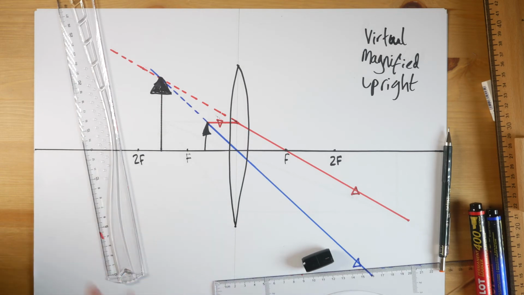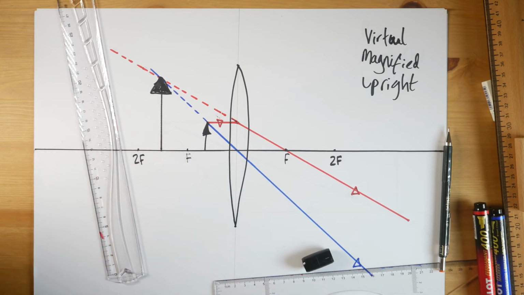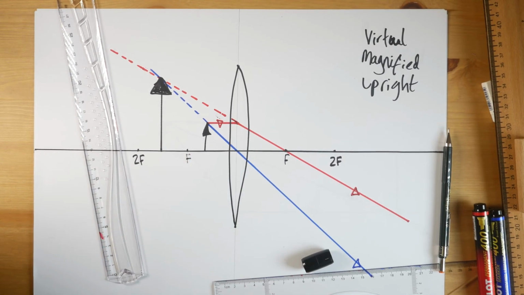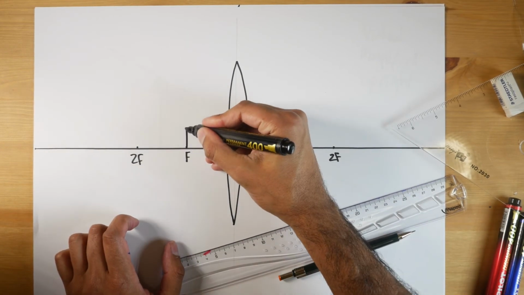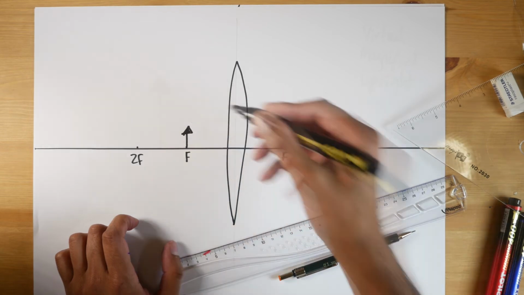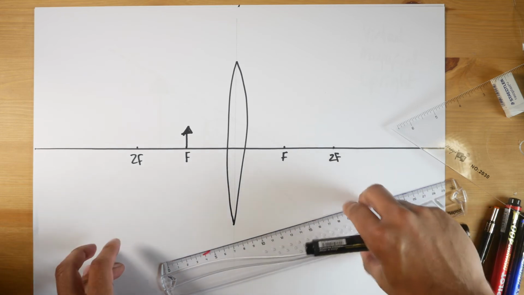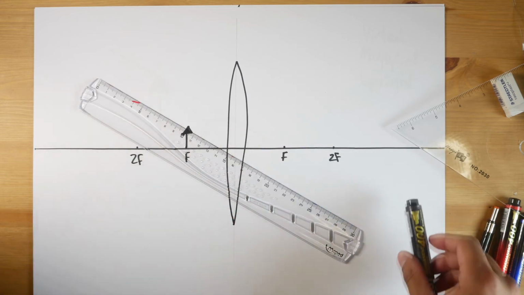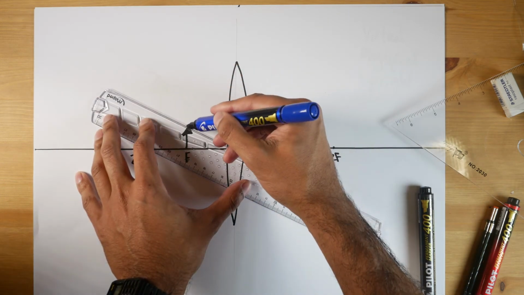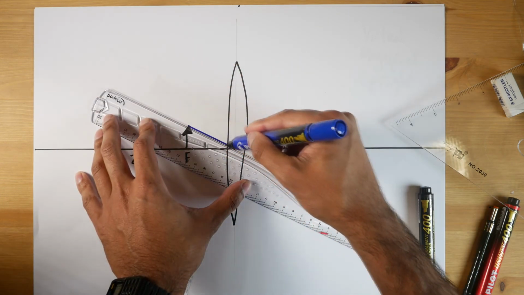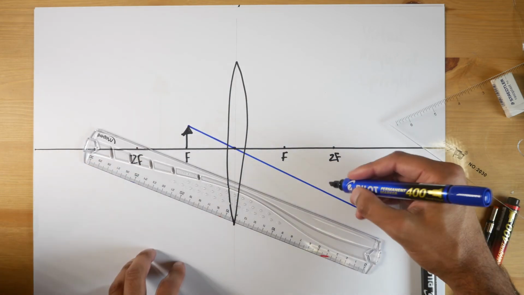Okay, we've got one more object to do, something which is going to be at F itself. So let's try that now. Okay, so we've got our convex lens. I'm going to draw an image directly on F, and let's see what happens to this. So the first ray of light I'm going to do is going to go straight through the middle of the lens with zero refraction. Goes straight through like that.